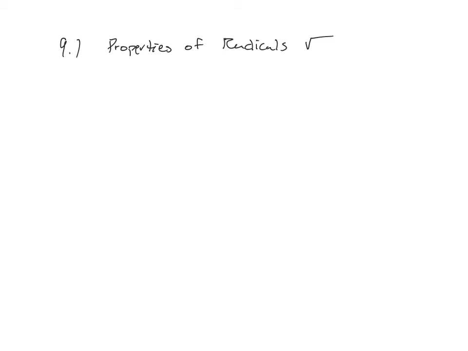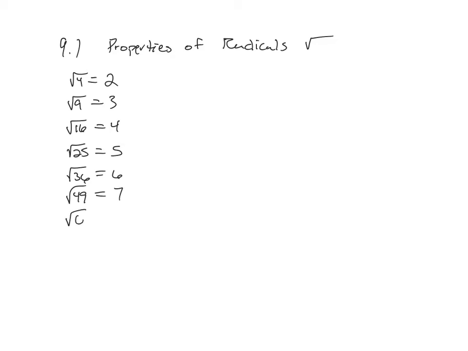Before we do some examples, it would be a really good idea for you to know the square root of 4 is 2, and the square root of 9 is 3, and the square root of 16 is 4, square root of 25 is 5, square root of 36 is 6, square root of 49 is 7, 64 is 8, 81 is 9, and 100 is 10.